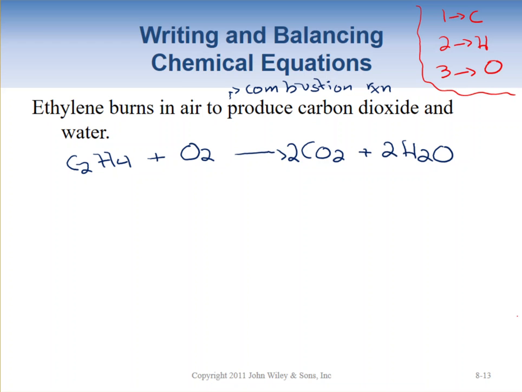Now to balance the oxygens, you have to look at the product side because all the substances in your product side are already balanced. So you have 4 oxygen from carbon dioxide and 2 oxygen from water, which is a total of 6 oxygens. So to balance that, you're going to need 3 oxygen gas.